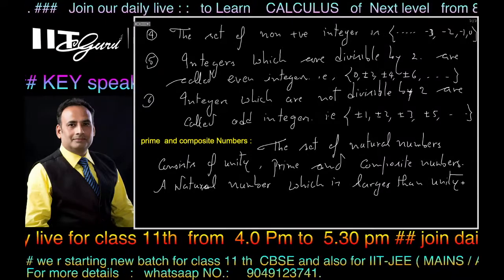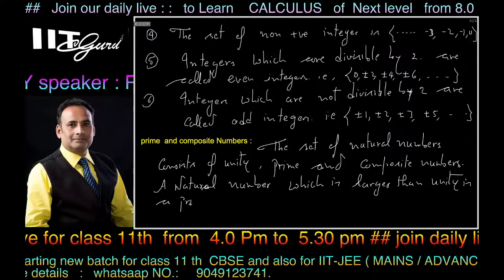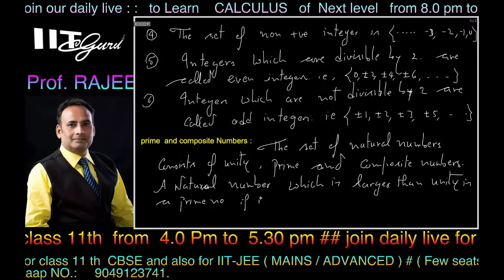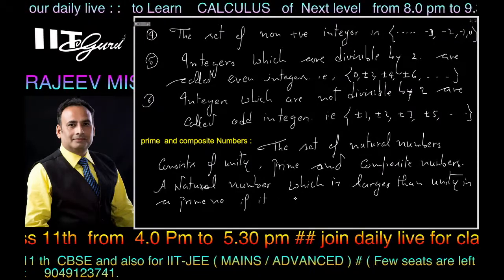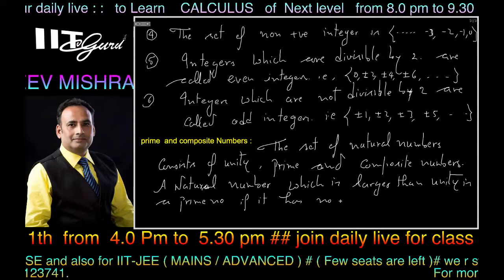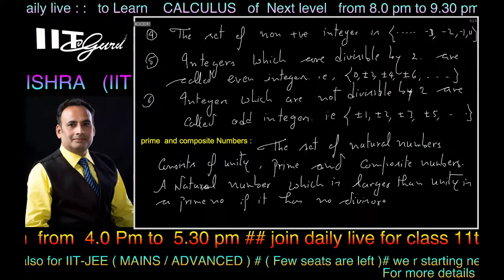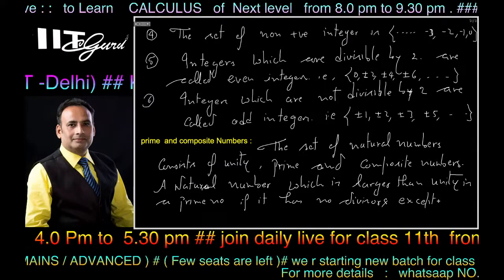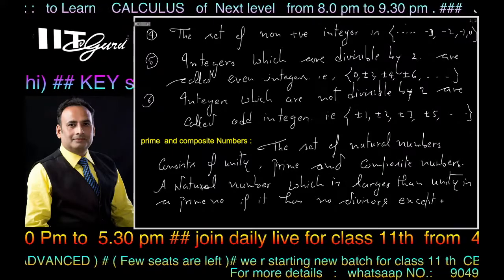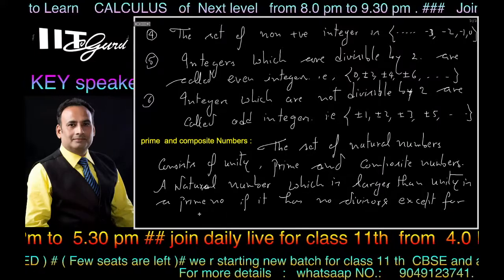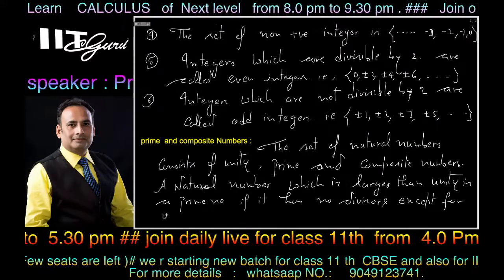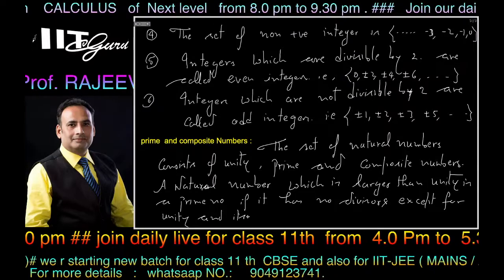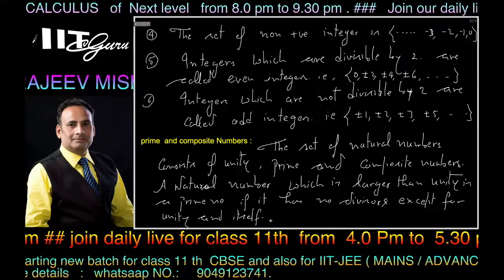It is a prime number if it has no divisors except unity and itself. This is called the prime number.